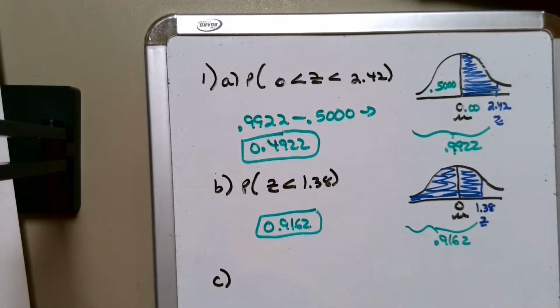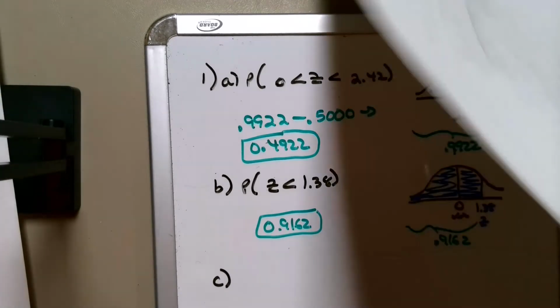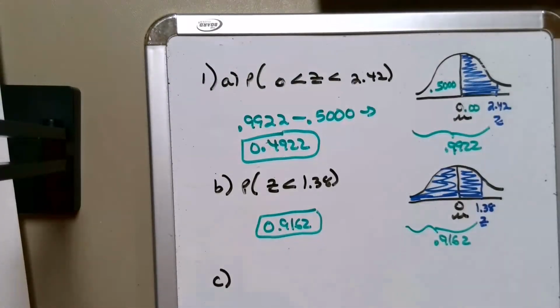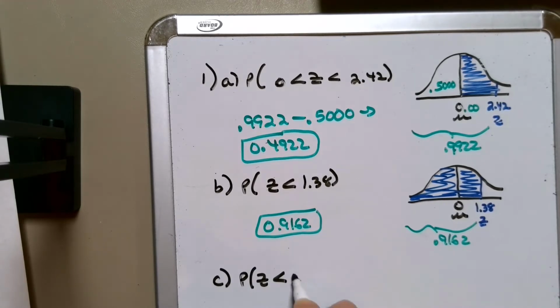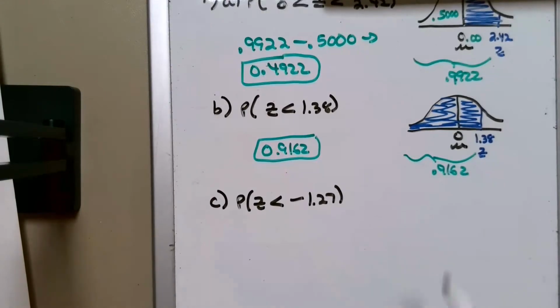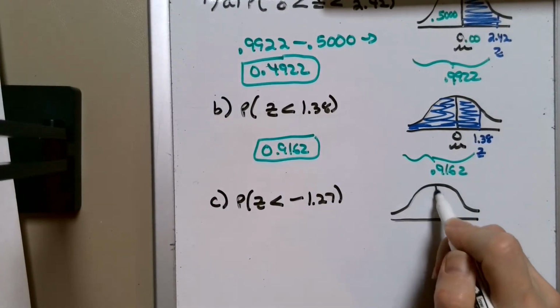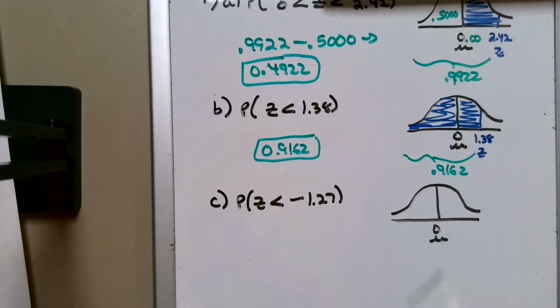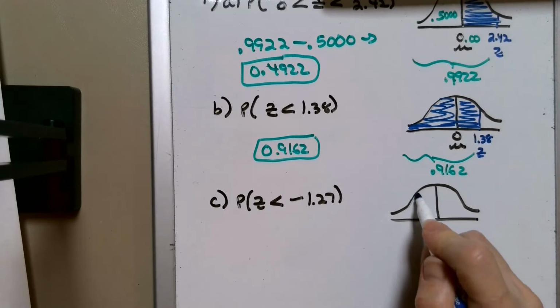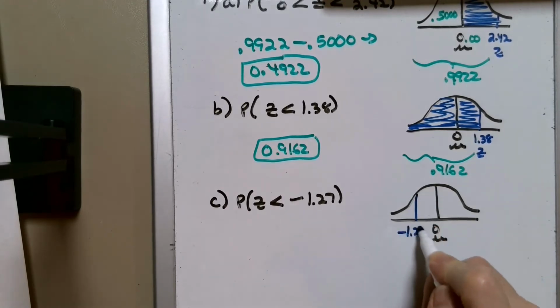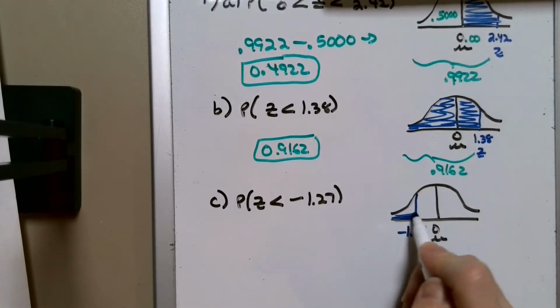1C. We want the probability that Z is less than negative 1.27. So again, we're going to draw the picture. Always draw the picture. In the middle is our mean, Z is 0. Negative 1.27 is negative, so you are to the left of the mean. Less than means you shade to the left.